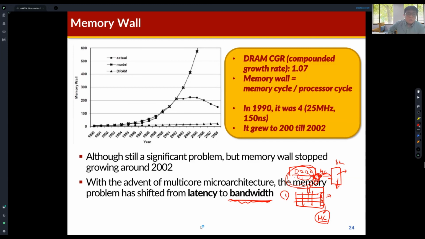Why? GPUs are running hundreds to 1,000 threads concurrently. That large number of threads requires high bandwidth from memory. So recently, high bandwidth is more important.